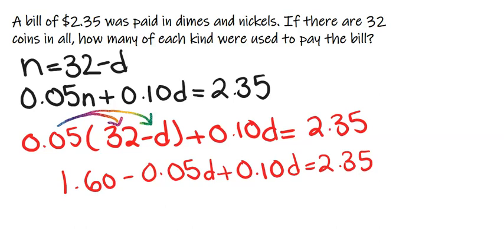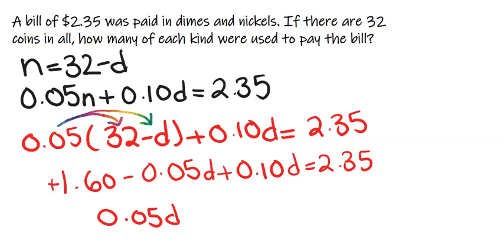Now we have to add or subtract like terms. Here you can see that negative 0.05 D and positive 0.10 D are like terms, and when you add them both together, you'll get positive 0.05 D. Now we have to bring 1.60 onto the other side of the equation.